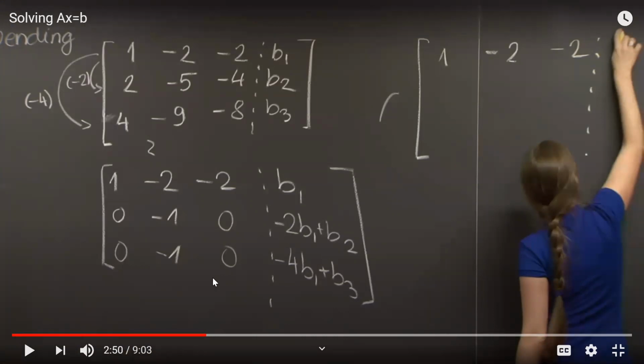So now our second pivot is this one, minus 1, the one which is in the second row. So this entry where I'm putting my cursor around is my pivot. So I will use this minus 1 and I will get rid of this one.